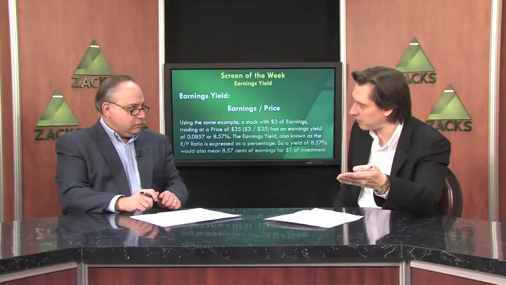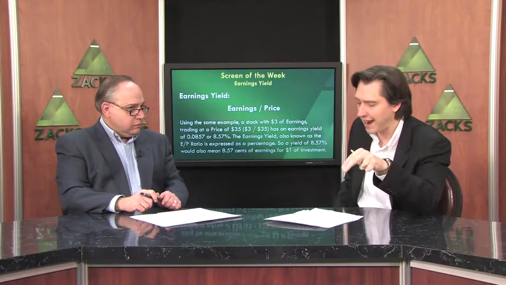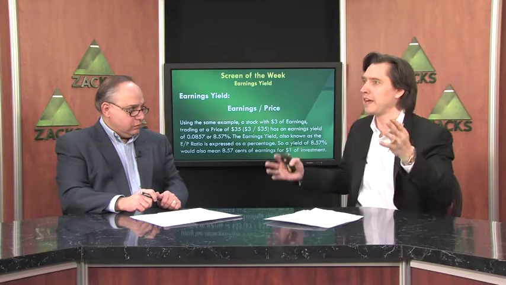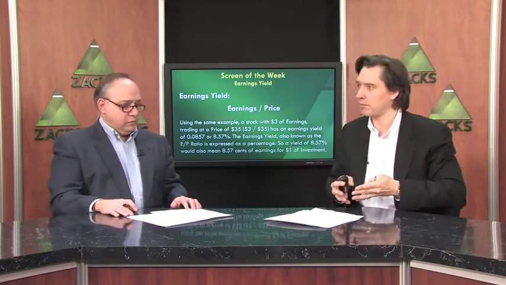The theory behind this is that bonds and stocks are both competing for investors' cash. To attract investment interest in stocks, there has to be a higher yield paid to stocks to make up for the additional risk that somebody would be taking to get into stocks in the first place. So the way this works is if earnings go up, the yield goes up. If earnings go down, so does the yield.